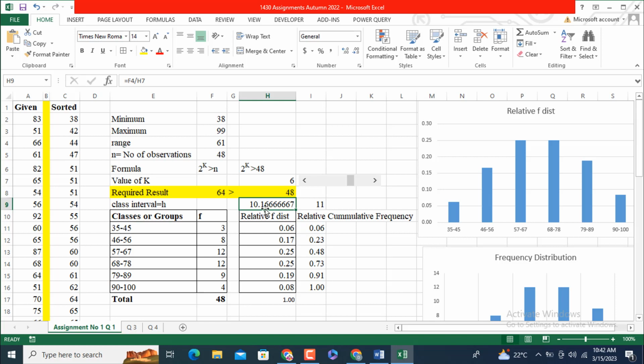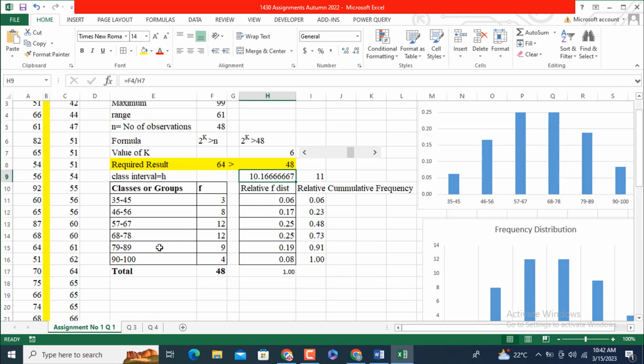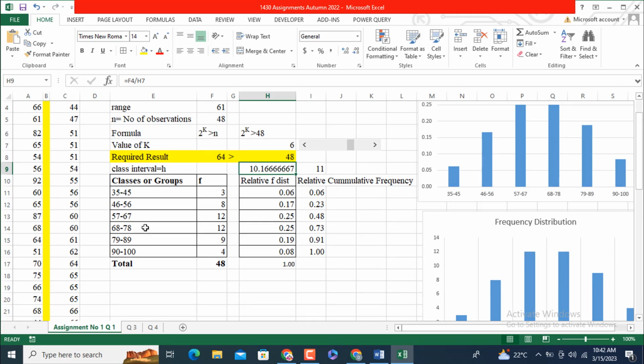So 10.1. So it means the class interval width is 11. We have number of classes 6, and we have class interval width equal to 11. So look at this: 1, 2, 3, 4, 5, 6.